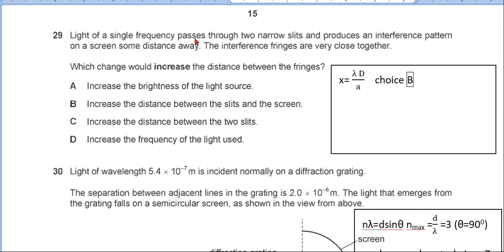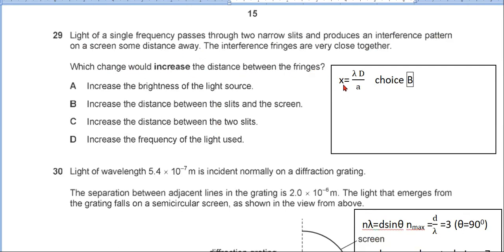Light of a single frequency passes through two narrow slits and produces an interference pattern on a screen some distance away. The interference fringes are very close. Which change would increase the distance between fringes?